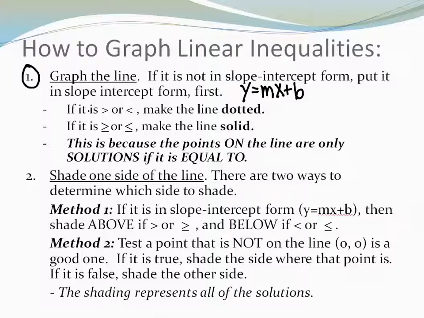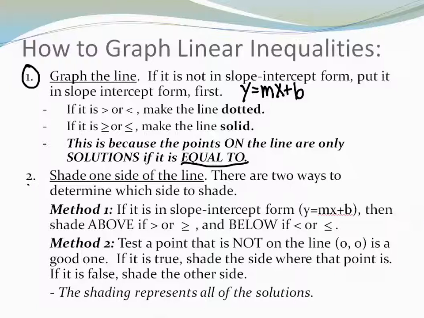Then you have to determine to make it dotted or solid. So if it is greater than or less than without the equal to sign, make the line dotted. If it is greater than or equal to or less than or equal to, make the line solid. This is because the points on the line are only solutions if it is equal to.